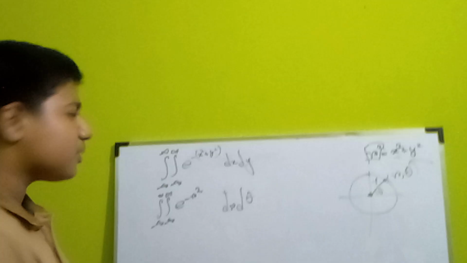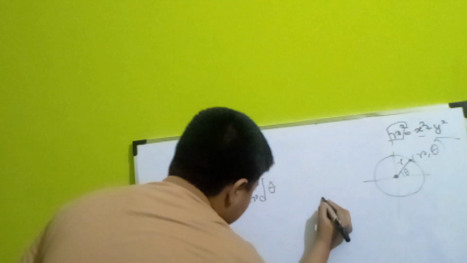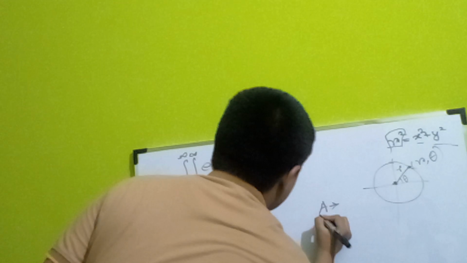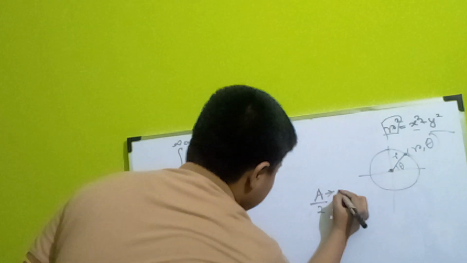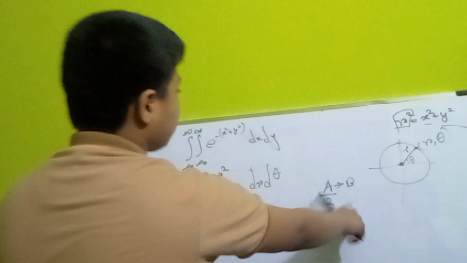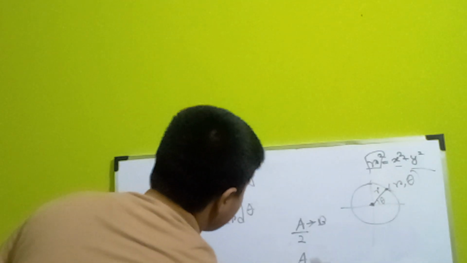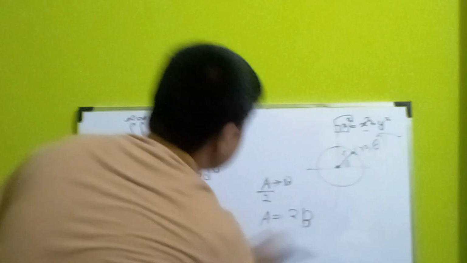First, I'm going to give you a simple example. If you have an area A and you change it by dividing by 2 and you get B, and you want to write B in terms of A, so that these two remain the same, this will be just A equals 2B.